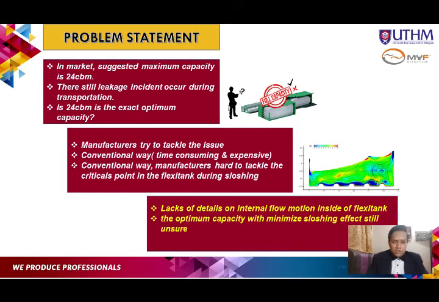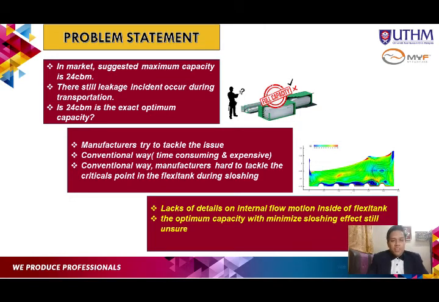Even though they transport their goods based on the suggested capacity in the market, the maximum of which is 24 cubic meters, there are still leakage incidents. So is 24 cubic meters the optimum capacity of the flexitank or not?